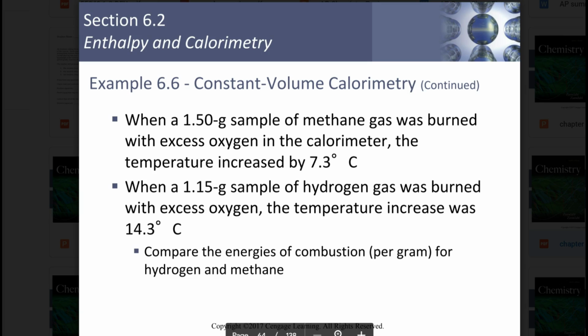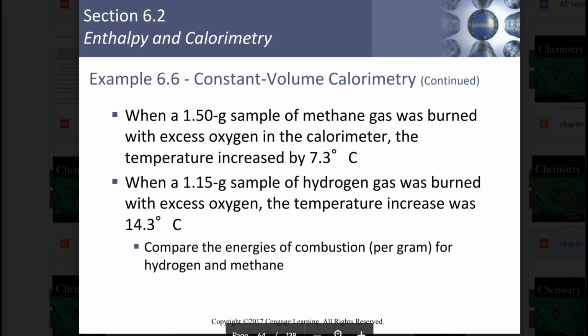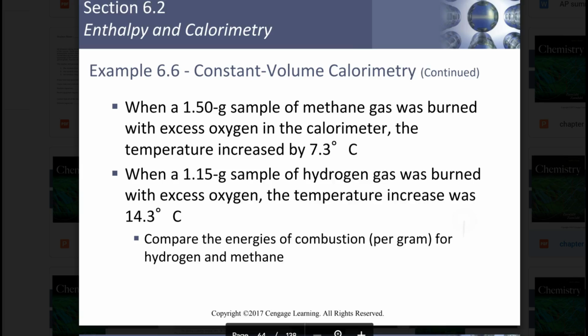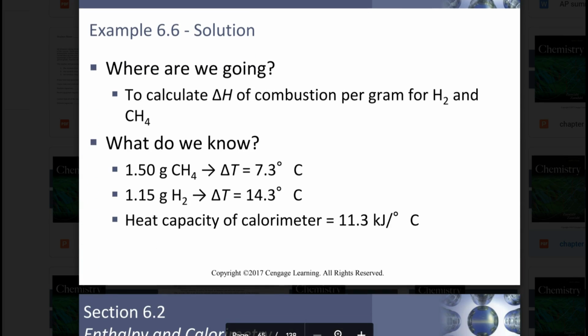Remember the calorimeters? Heat capacity is 11.3 kilojoules per degree Celsius. And if I'm burning methane or hydrogen, what am I looking at? The 1.5 grams changes 7.3 degrees Celsius, and 1.15 grams changes it by 14.3 degrees Celsius.